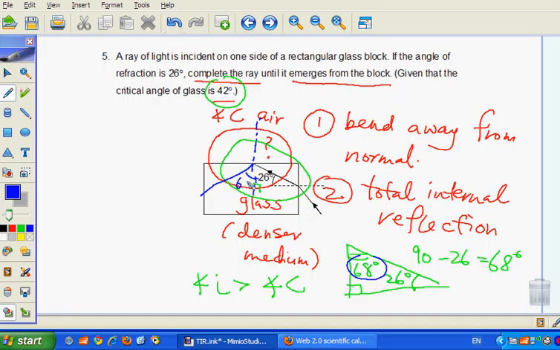So this part will be 68, which corresponds to this part of the angle, which is also 68 degrees. Okay, so we have completed this part of the diagram.